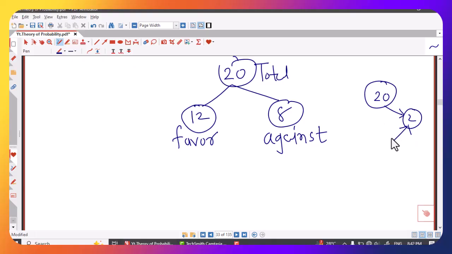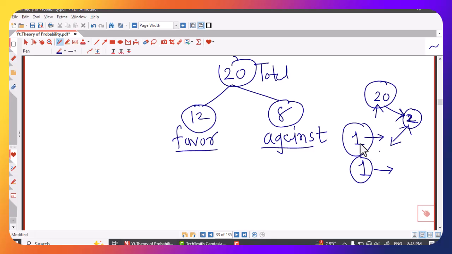Again, in 20 workers there are 12 in favor and 8 against. First the supervisor will select one worker randomly and take their opinion. After that he will again select another worker randomly and take their opinion about the new safety regulation.